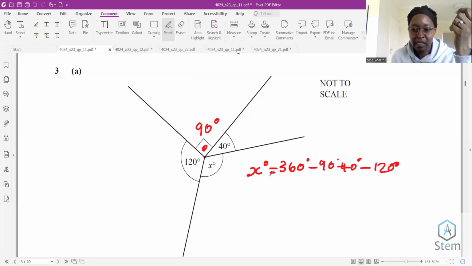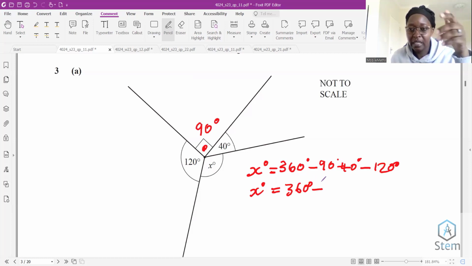So x degrees is equal to 360 degrees minus all of that, adding 120 plus 90, that's 210, plus 40, that's 250.